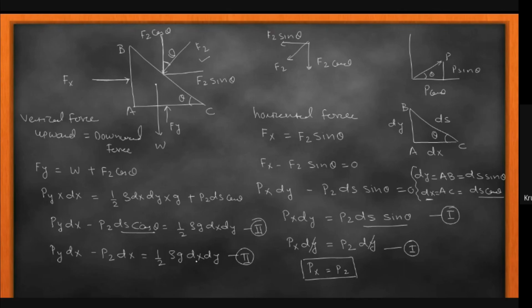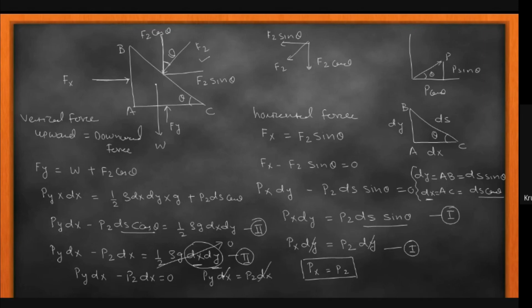Here, students, the values of dx and dy are very small, so the multiplication of dx and dy is very small. We neglect this term, and it is equal to 0. So we get Py dx minus Pz dx equals 0. Carrying this term over, Py dx equals Pz into dx.